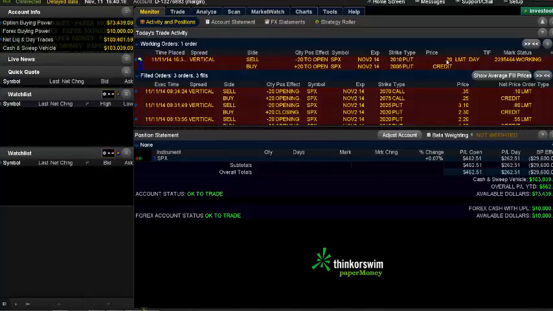If the market was open at the moment, chances are you would be filled immediately, and then you would see it under your filled orders, in this area right here. You can monitor your trades every day by looking at your account, seeing where it's going. The goal here, of course, is to have the option expire worthless.